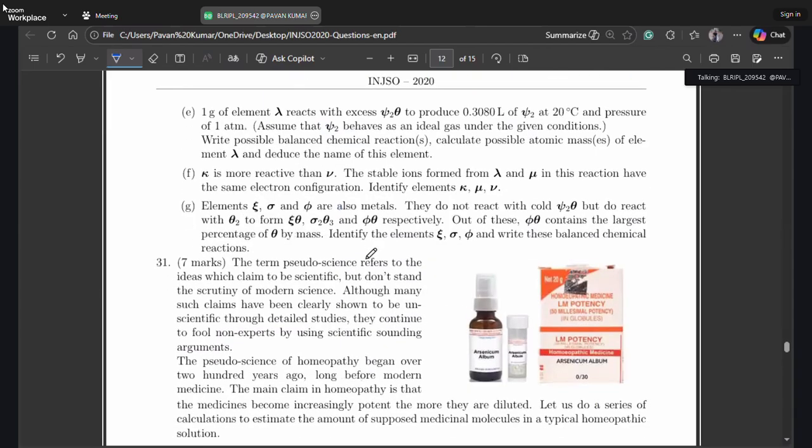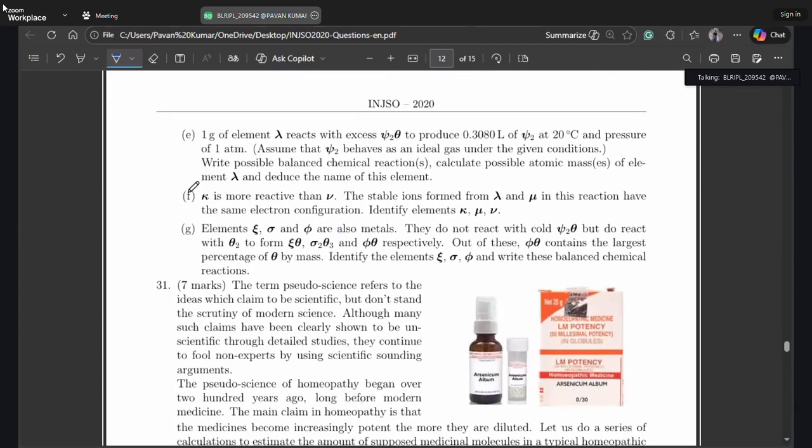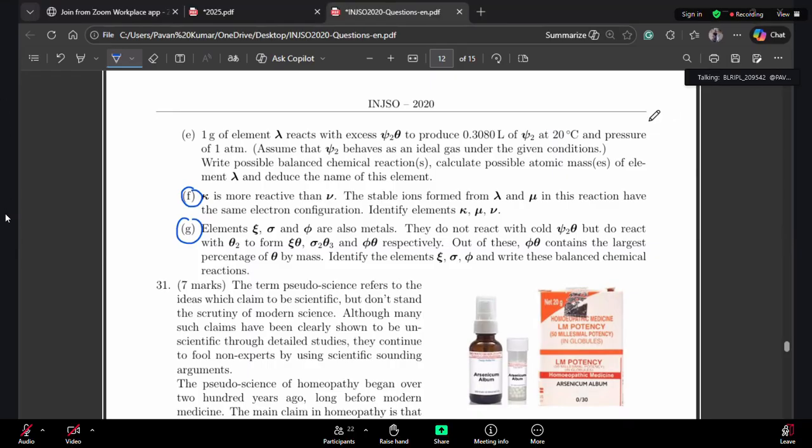Okay. Now they have given two more questions, that is F and G. Ullal, Manvant, tell me what is your doubt? You have the option to unmute. Hello, sir. Tell me.